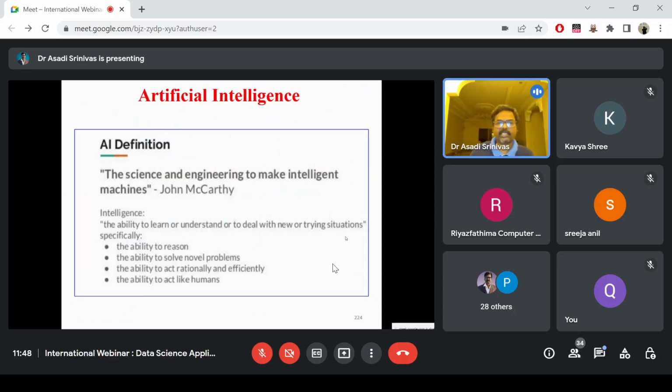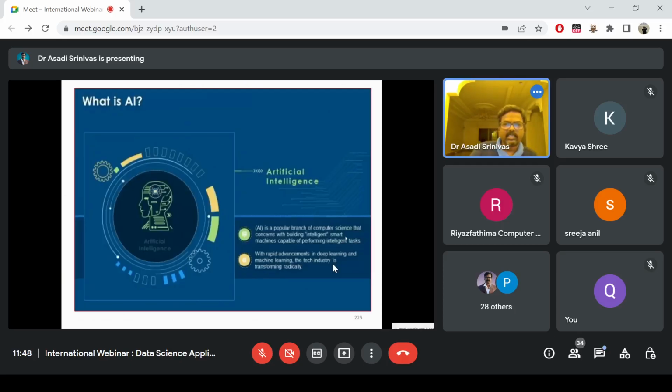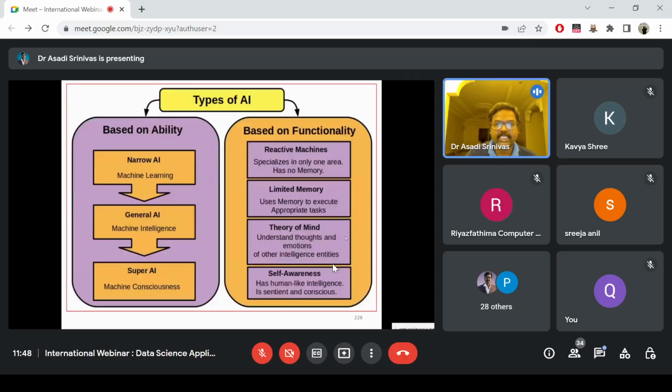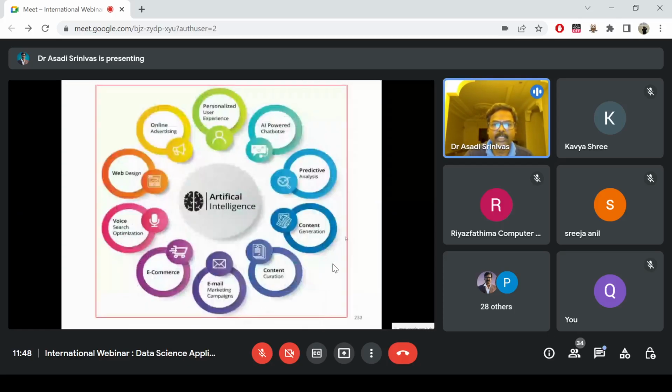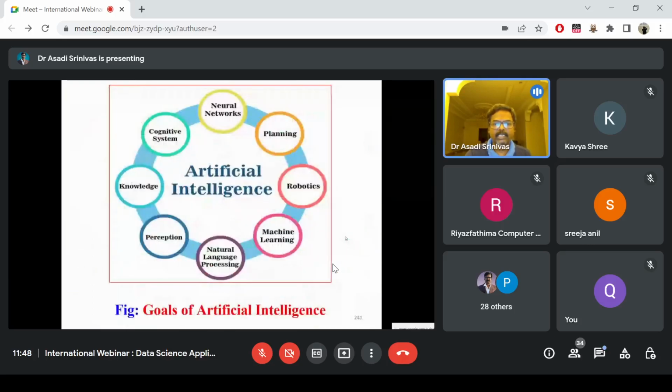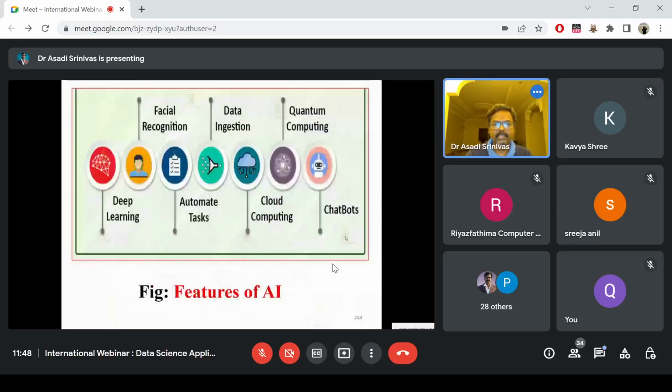In order to solve real-time applications, we are using artificial intelligence. Deep learning is a part of machine learning. Machine learning is a subpart of artificial intelligence. I'm going directly to the demonstration part. Please, I'm not explaining the theory part.